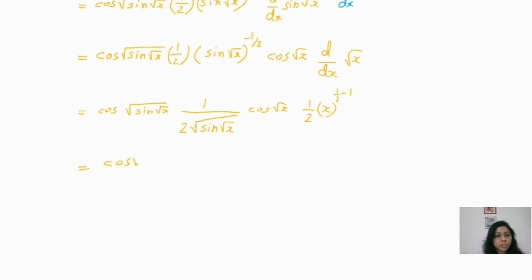Cos square root sine square root x, and here this 1 multiplies this cos square root x, divided by here 2 and here 2, so this is 4 square root sine square root x, and this x to the power 1 upon 2 minus 1, so this is minus 1 upon 2.